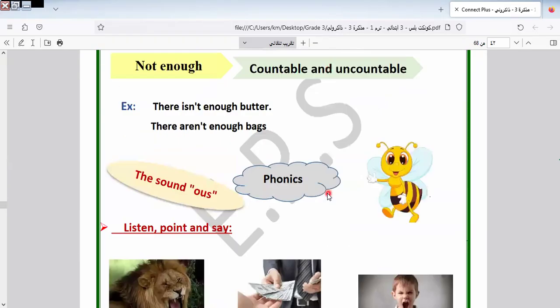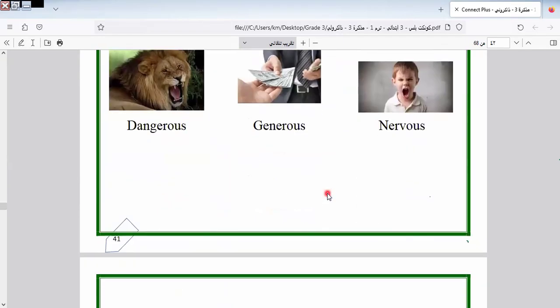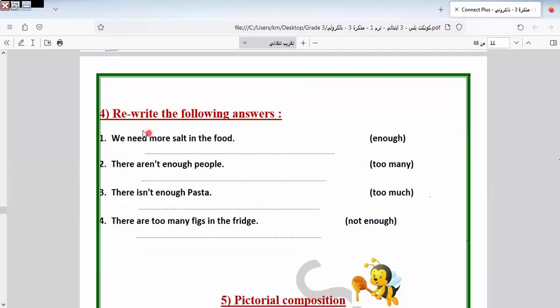Is the salt here enough? We can say the salt isn't enough. We can say the salt isn't enough in food. I do it by using enough. I will do it here like this. Salt isn't enough in food.